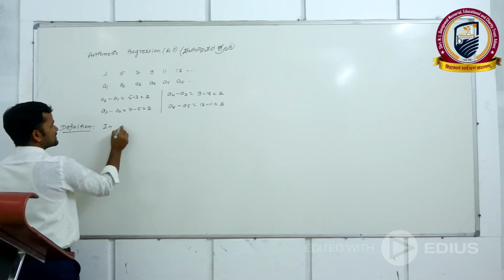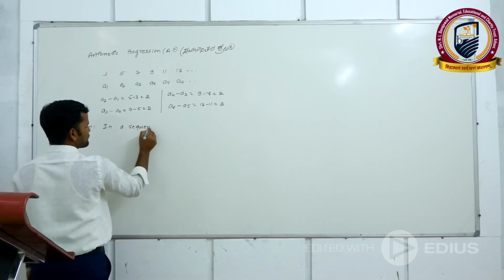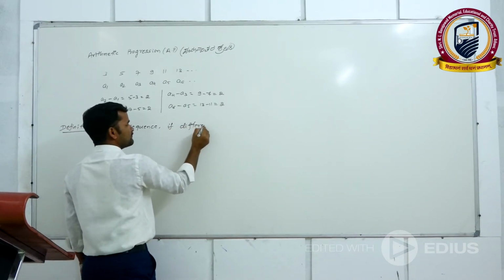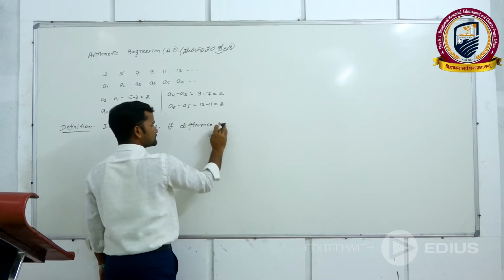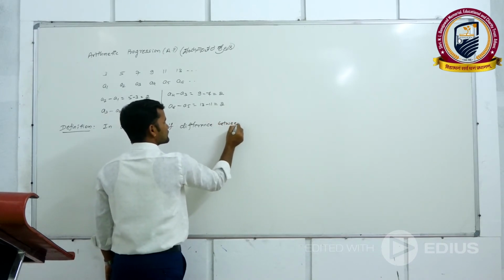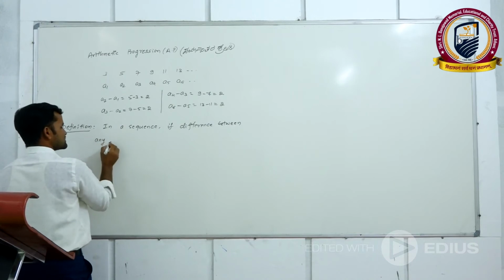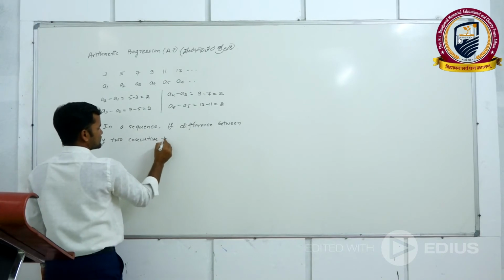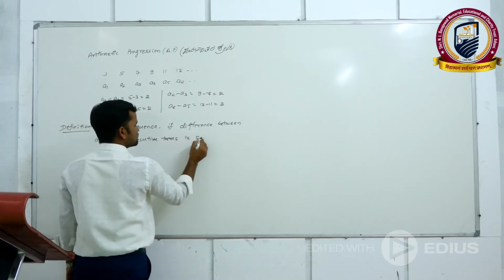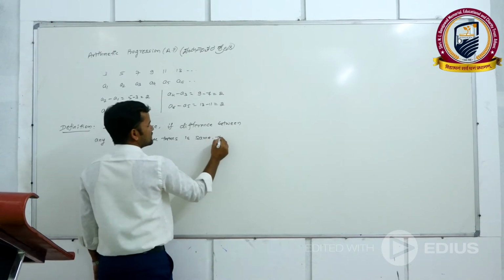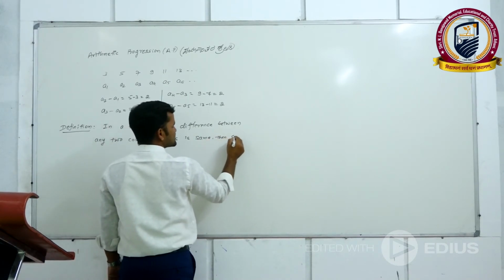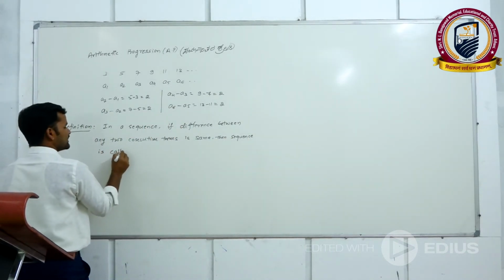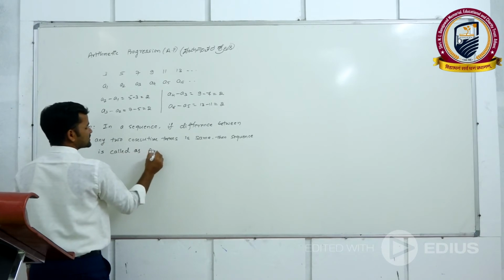In a sequence, if the difference between any two consecutive terms is the same, then the sequence is called an arithmetic progression.